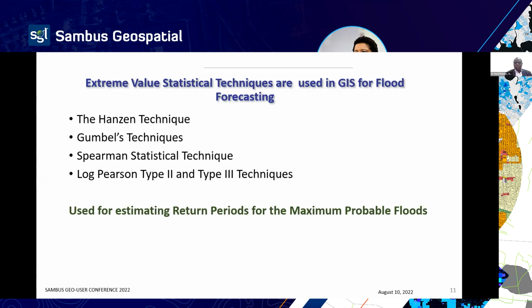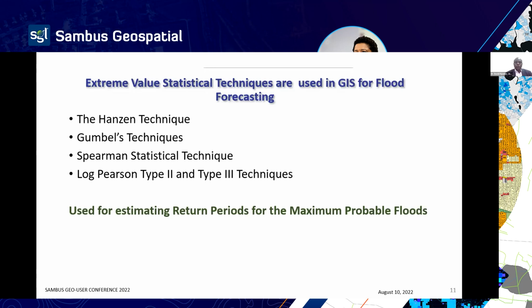And in most cases, especially in our own country, the Gumbel statistical technique for extreme value analysis, especially for flood inundation, takes care of inadequate data or where you have data gaps. It can cover for those things because it is often the highest value, either of a month, of a day, or of a year, that is used. Although it has its own lapses, it covers for where you don't have gauged channels that have consistent data.